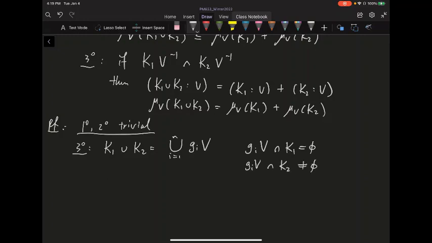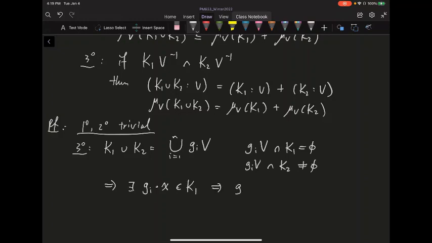Then there exists some gi times some x inside v that's inside k1.